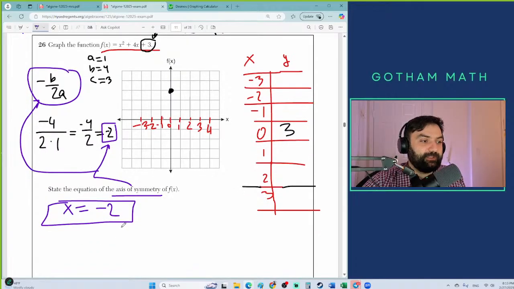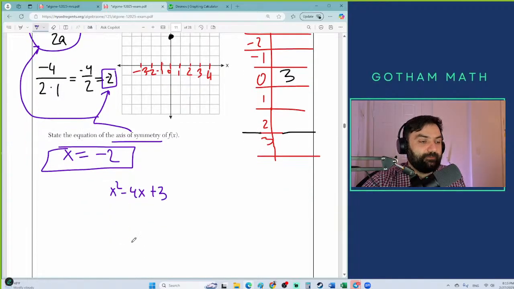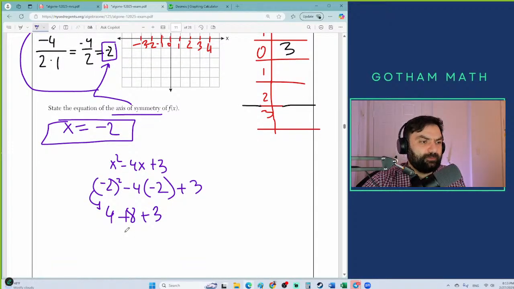Now we have to plug -2 back into the function, and we'll find the second point of the vertex. So it's going to be -2 squared minus 4 times -2 plus 3. This turns into a 4, 4 plus 8 plus 3.